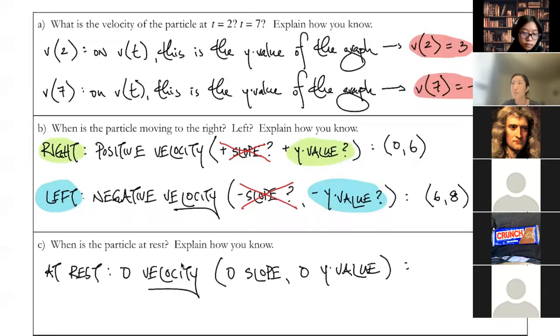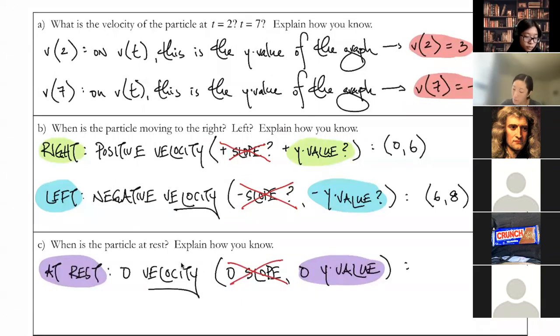I see your question, Marissa. Give me 1 second. At rest, we're looking for the zero y value, and we are not looking for zero slope on the velocity graph.